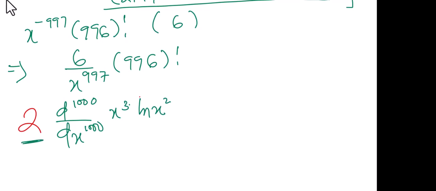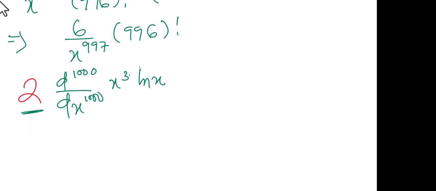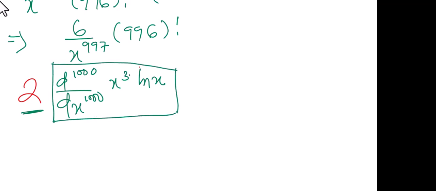The 2 has come out, so this 2 is no more there. Because of this reason, the differential of this 1000 times is this answer, but there is a 2 multiplied by it.